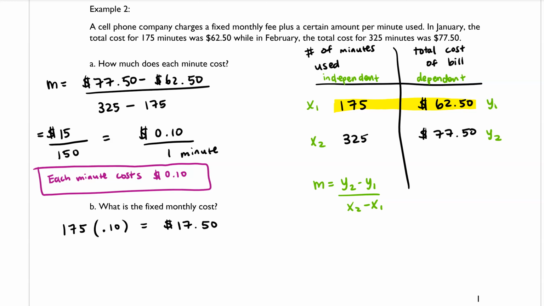Now, we know that the total cost is equal to the cost of the minutes plus the fixed monthly cost.